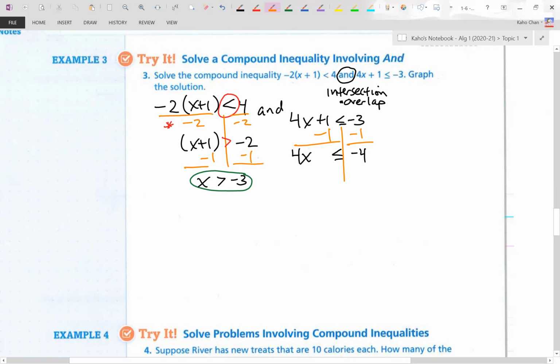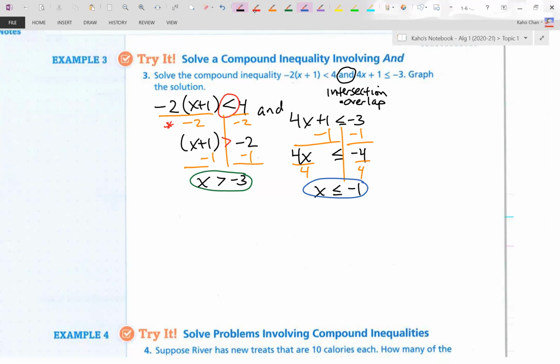Divide by 4 to both sides. Now be careful. Just because you see a negative somewhere in the equation doesn't mean to switch the inequality. It's only if you multiply or divide by a negative do you switch. Here we don't switch at all. -4 divided by 4 is positive. I'm sorry, -1. Great.